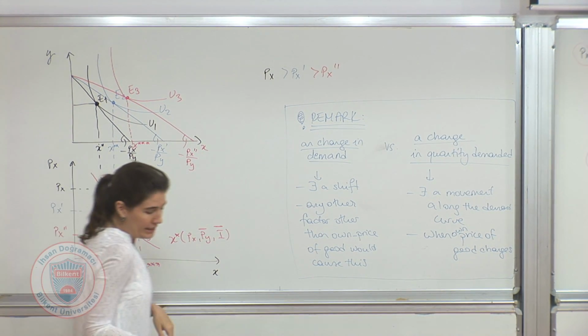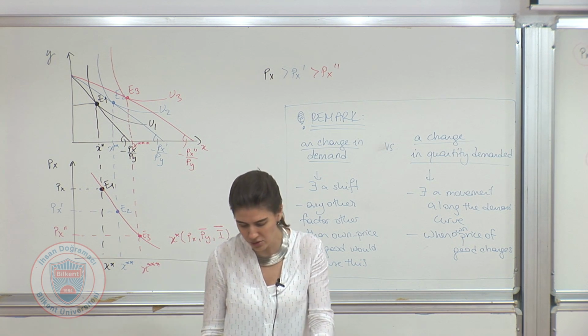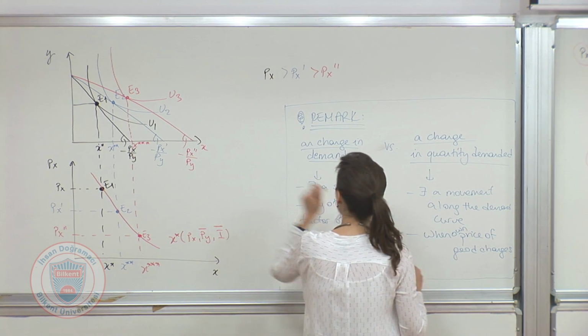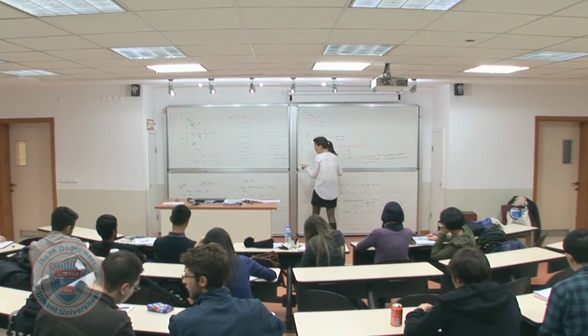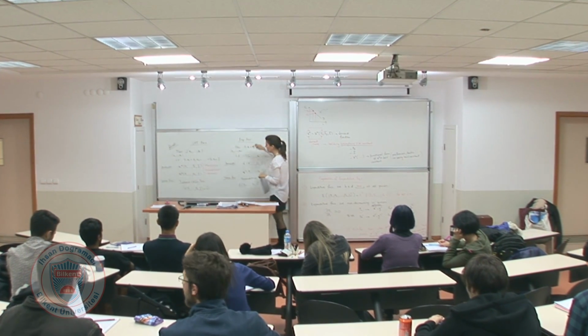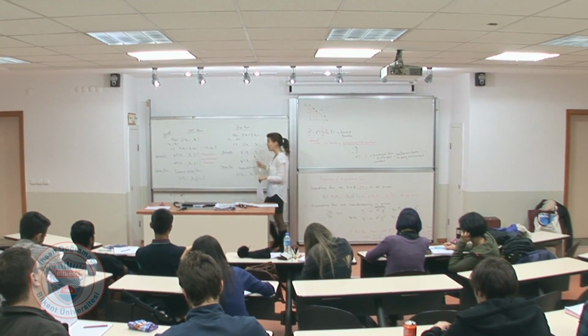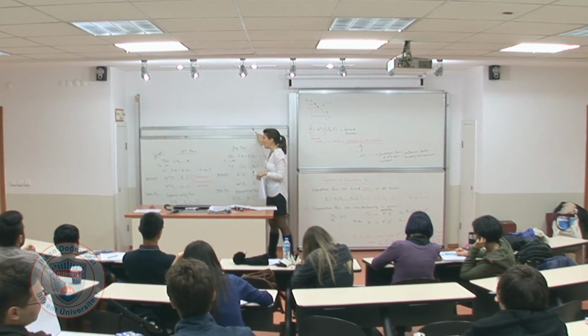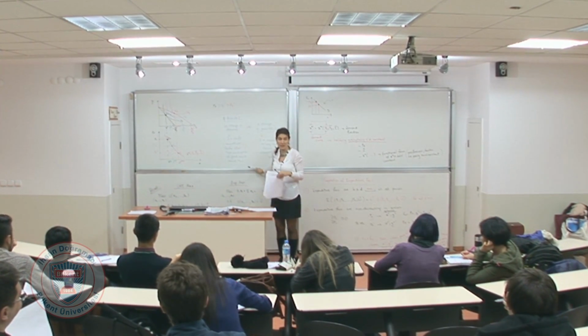Now, you figured out what's going on in this demand curve. But I promised that I was going to link these two guys. We did it mathematically, if you remember, when we solved the problem. But you know what Hicks did?